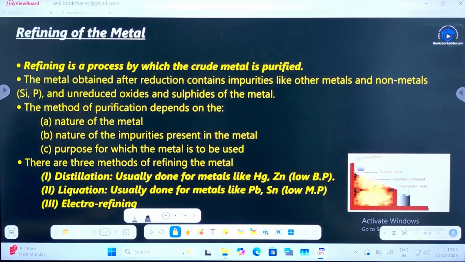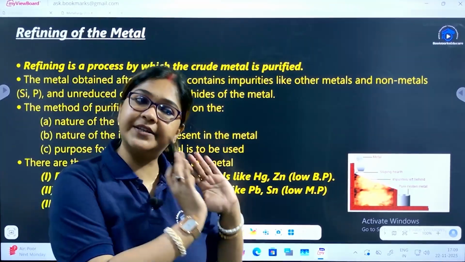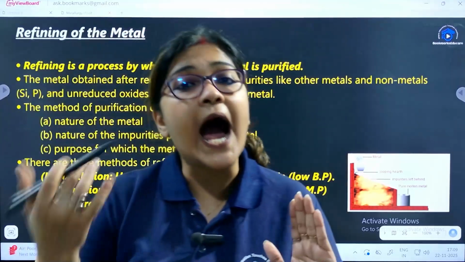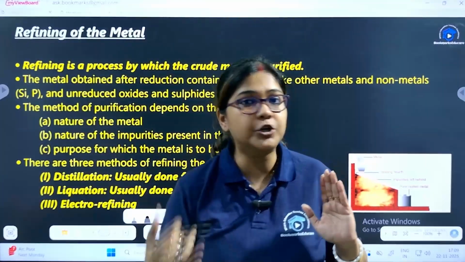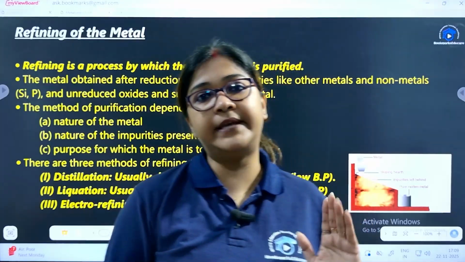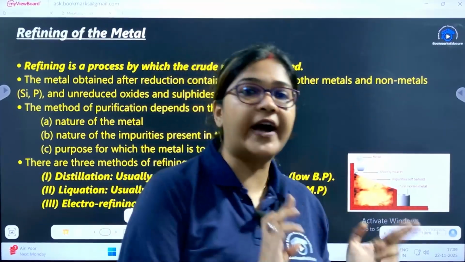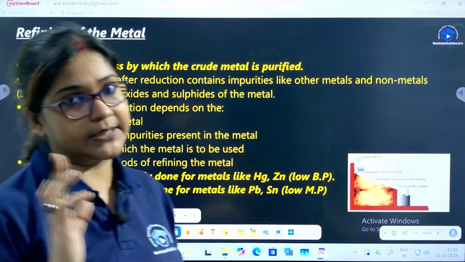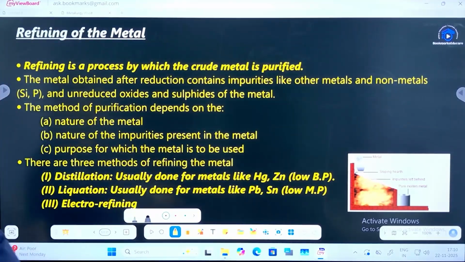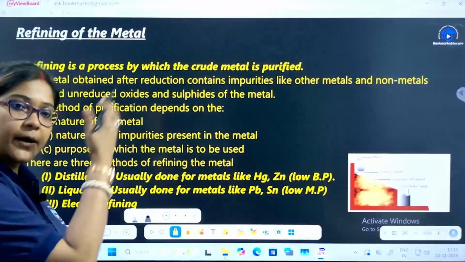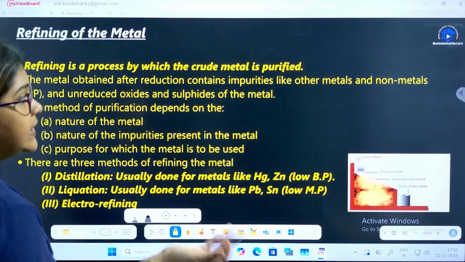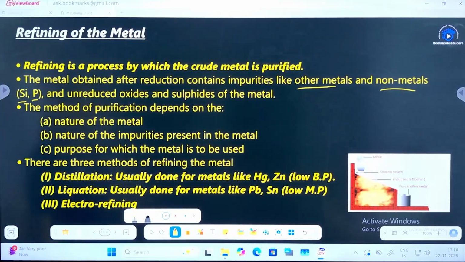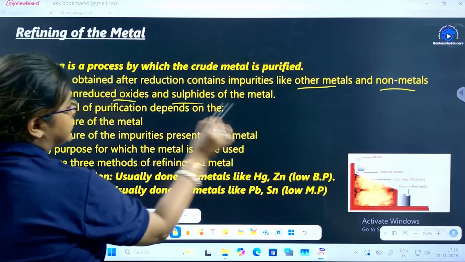Next, coming to the last step. Here you have generated the metal, but the metal still contains certain impurities and ultra purification should be done. This is done in the last step, the refining step. Refining is a process by which the crude metal is purified. The metal obtained in the earlier stage can contain impurities like other metals, non-metals like silicon and phosphorus, and also some unreduced oxides and sulfides.